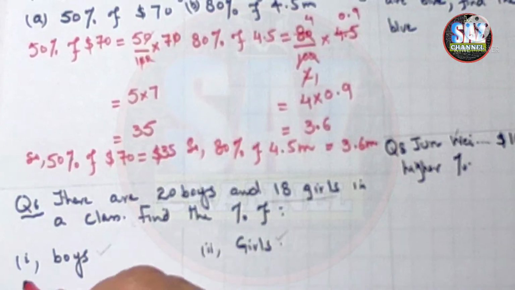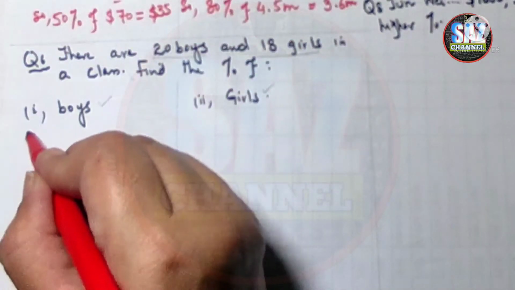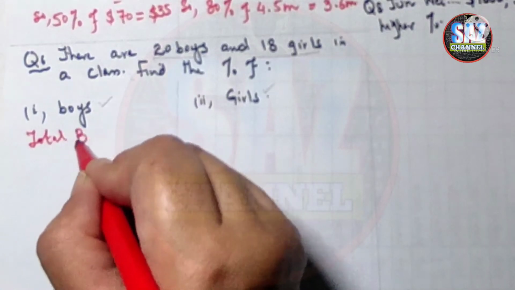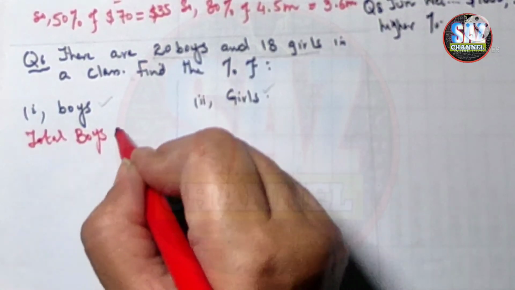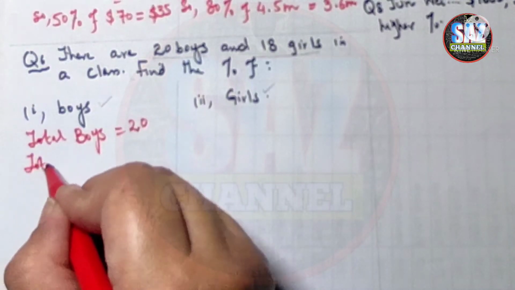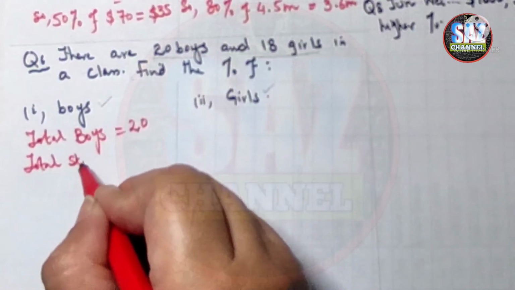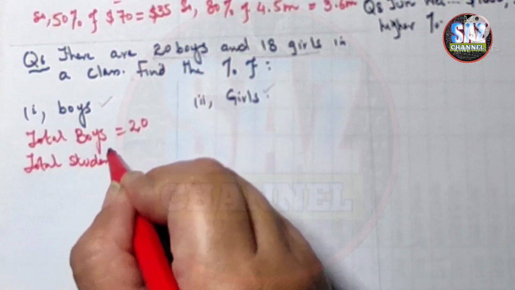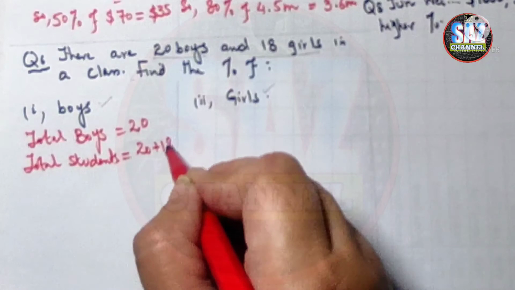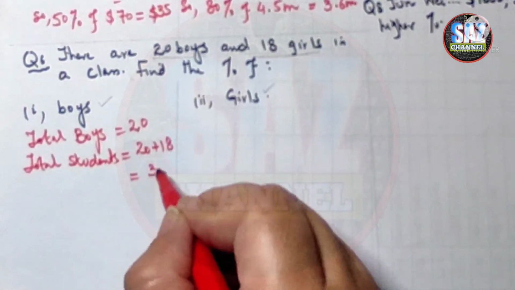We know that total boys are 20, and total students are 20 plus 18, which is equal to 38.